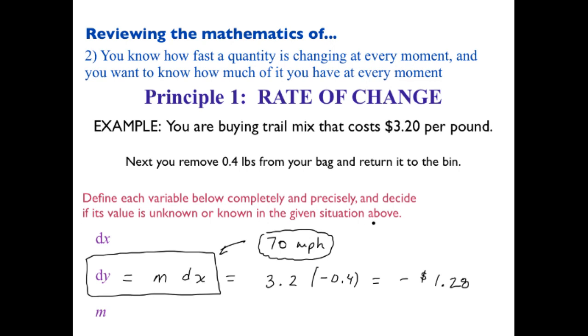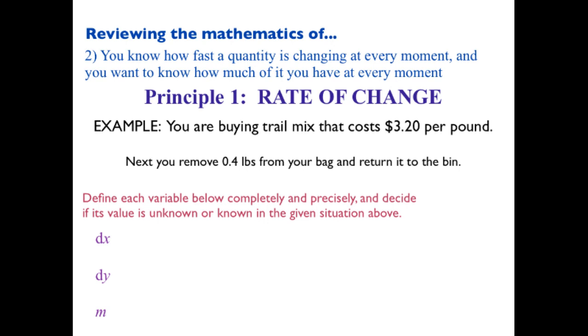And that broader meaning is captured in this equation. For any change in time, your change in distance is 70 times that change in time, right? In 10 hours, a change of time in 10 hours, how far do you go? 700 miles, right? 70 times that change in time. Okay.